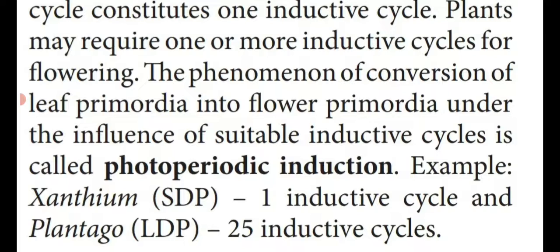And plantago is a long day plant. The plants which require long critical day length for flowering are known as LDP. It requires 25 inductive cycles for flowering. So, photoperiodic induction is also very much important for producing the flowers.